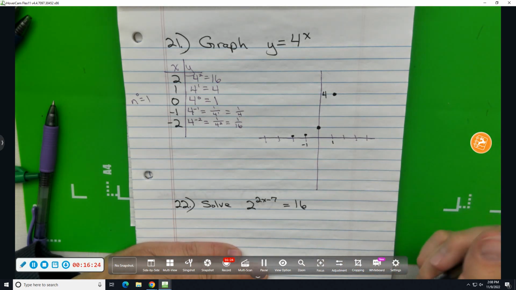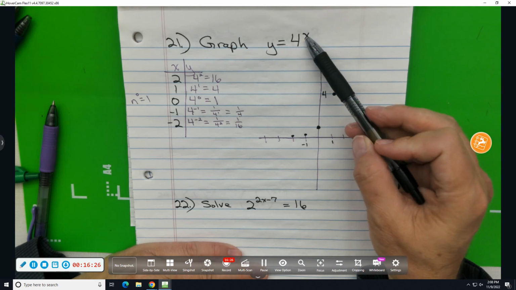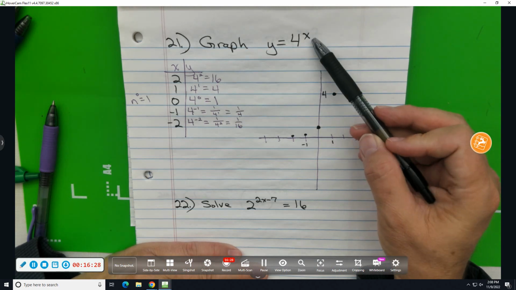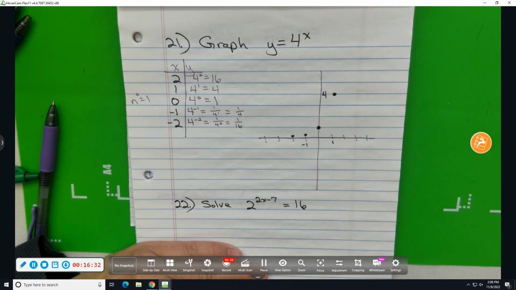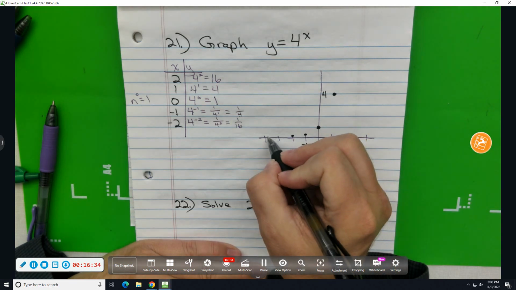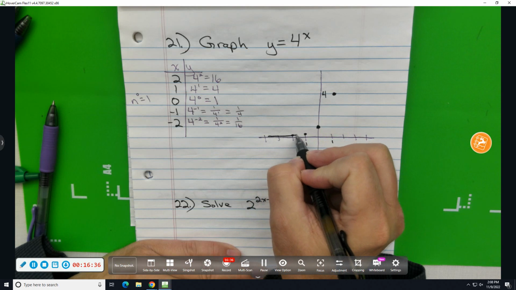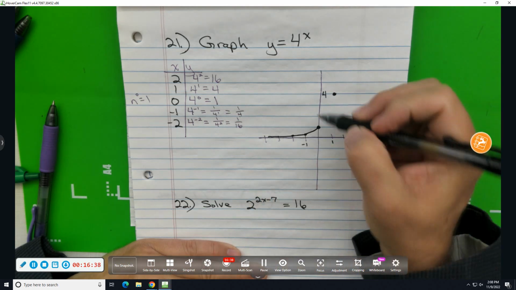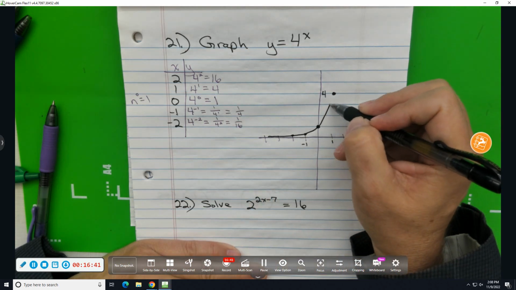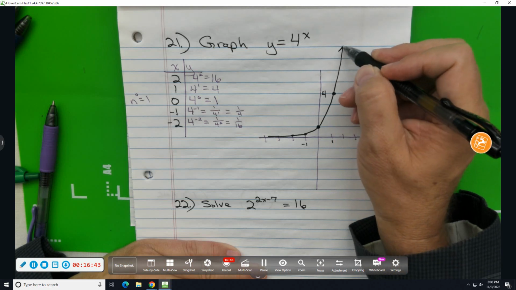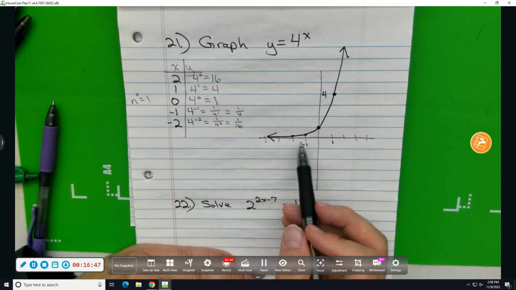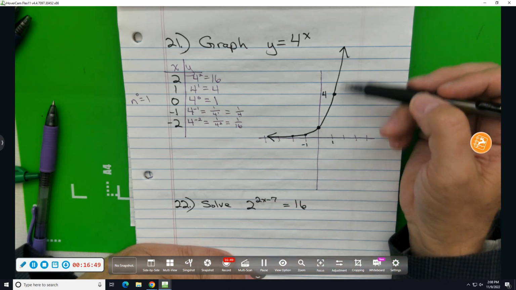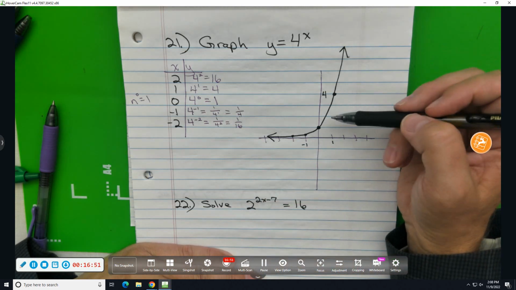But realize a positive number to any power will always be positive. There's no way you're going to get this to equal 0. So the graph will always have a little bit of space between the x-axis and the graph itself. So it looks like the left side is the side that's real flat. The right side is the side that's real steep.